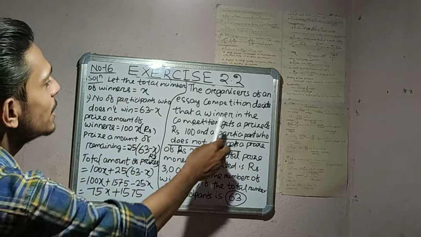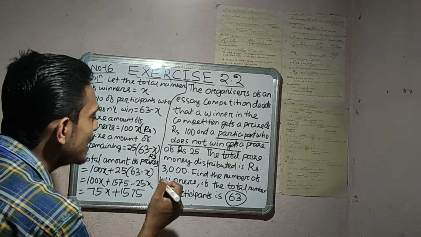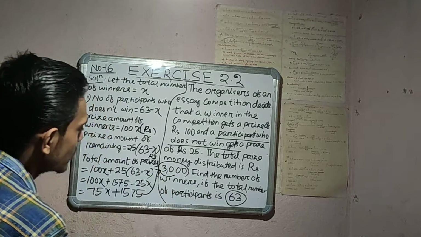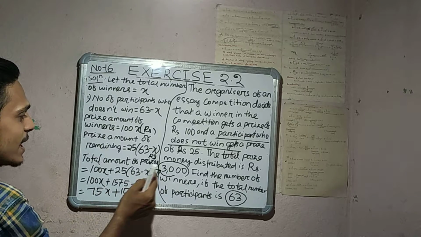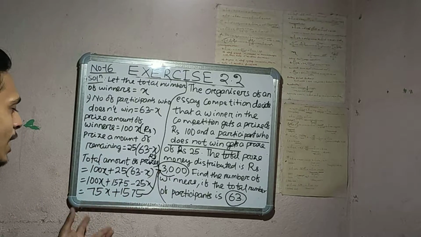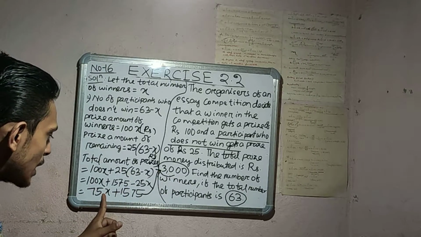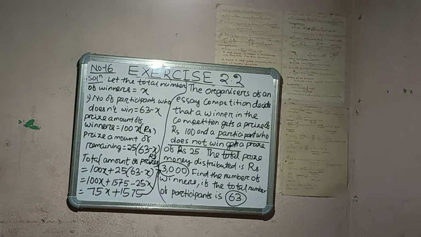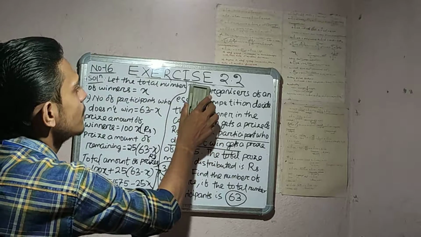But it is given that the total prize money is 3000, so this must be equal to 3000. So we have a linear equation.